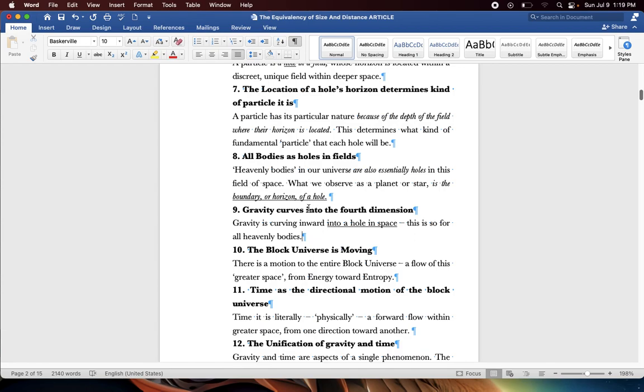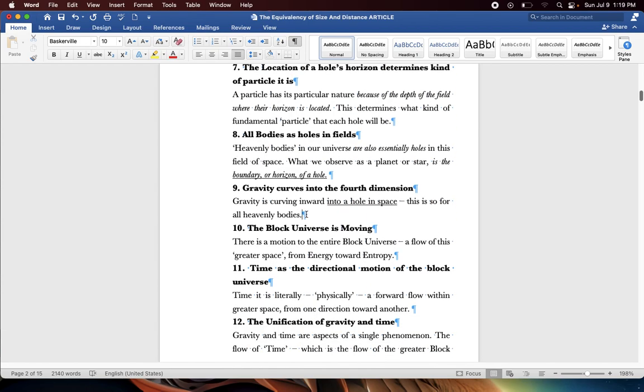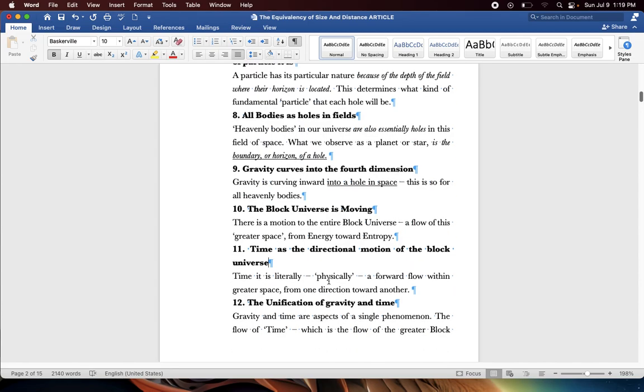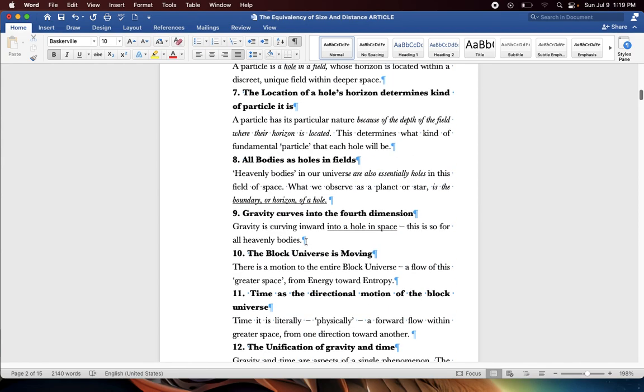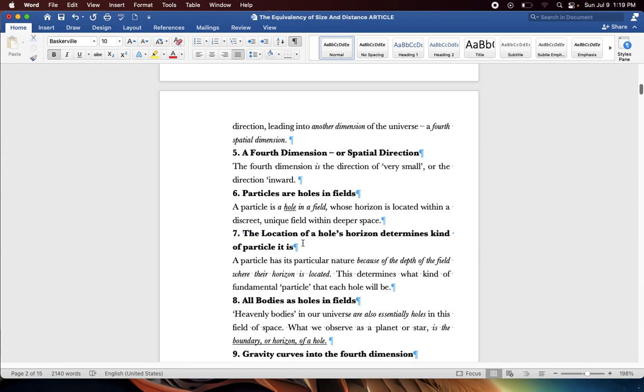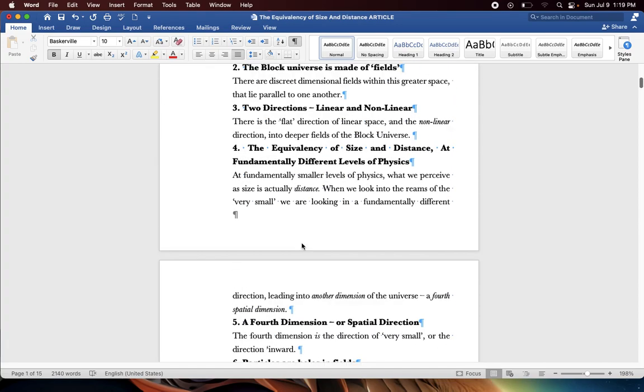And so these are some of the main points of the principle of the equivalency of size and distance. And I can actually say it simply as not even the equivalency of size and distance. It can just be stated that size equals distance at fundamentally smaller levels of physics.